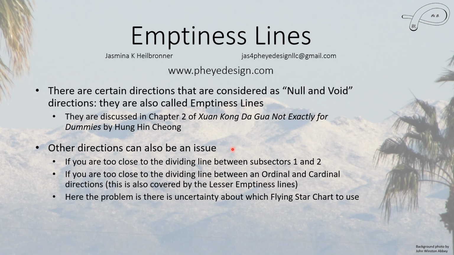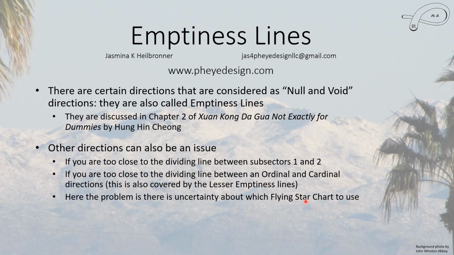Now, there are other directions that can be issues for your house, not just these emptiness lines. If you are too close to the dividing line between subsectors 2 and 3 of any given direction, this can be a problem. And also if you're too close to the dividing line between an ordinal and a cardinal direction. And this actually also happens to be covered by the lesser emptiness lines, but these are a problem for a different reason than these.